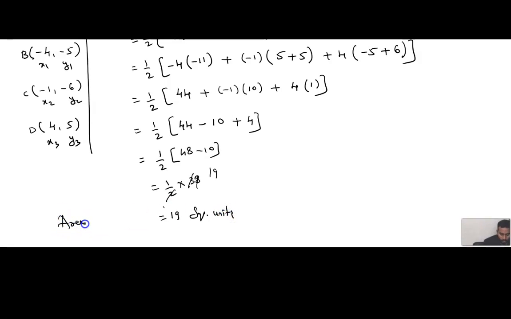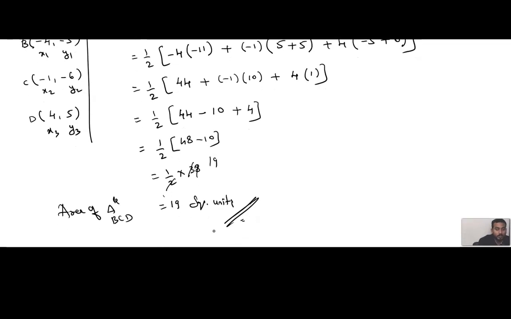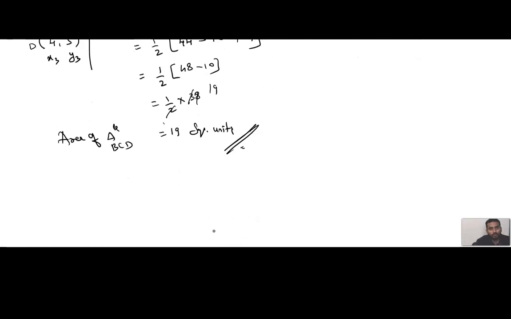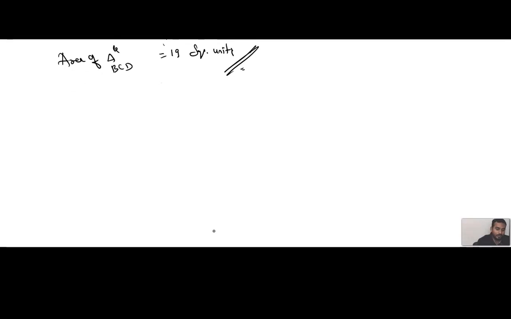So area of triangle BCD is equal to 19 square units. But what we have to solve? We have to solve the area of quadrilateral, right?